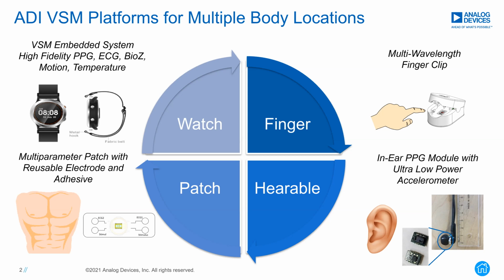The third area is what is mentioned as a patch, or an area which involves multi-parameter electrodes. It can be in the form of a patch, or it can be a typical electrode-based arrangement. So ADI has solutions for that kind of sensing as well.